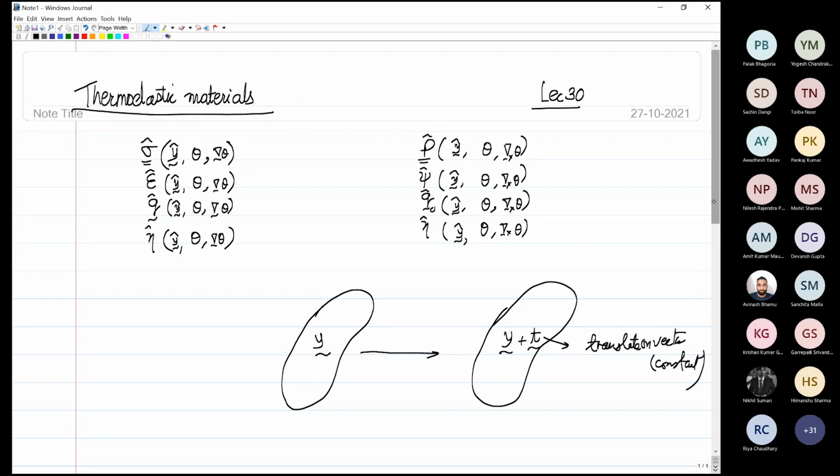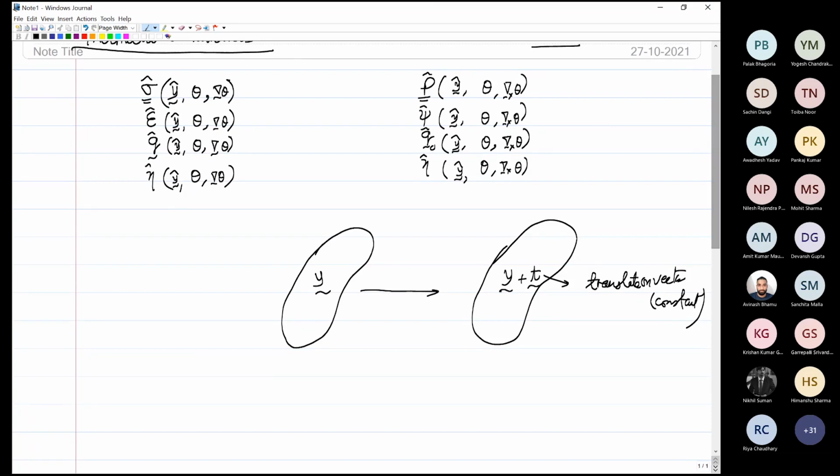So what do you think? Can we modify it to something? If you make the dependence on the gradient of y, then you see that the gradient of y is the same as the gradient of y plus t, because t is constant.